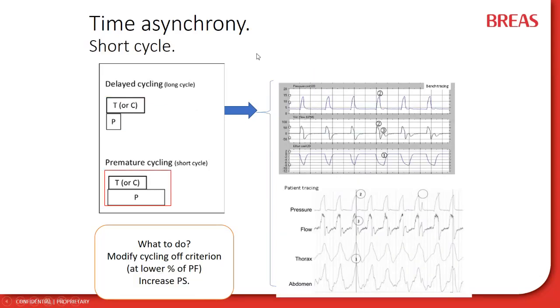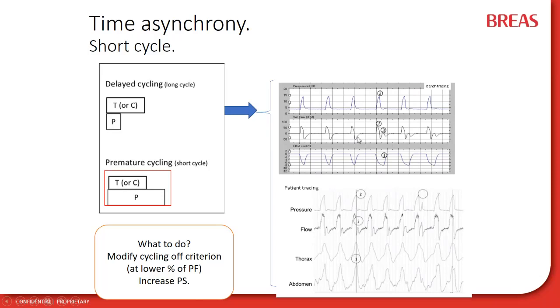And short cycle, just the opposite: the effort of the patient, in this case the simulator, is longer than the ventilator cycle. And the typical decreasing exponential expiratory waveform is lost.